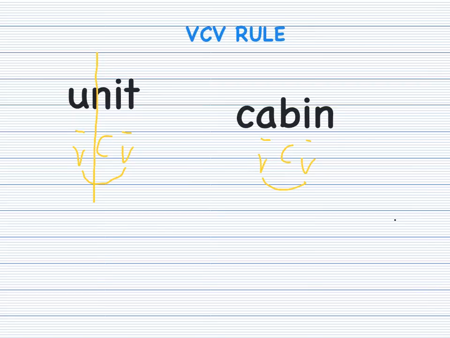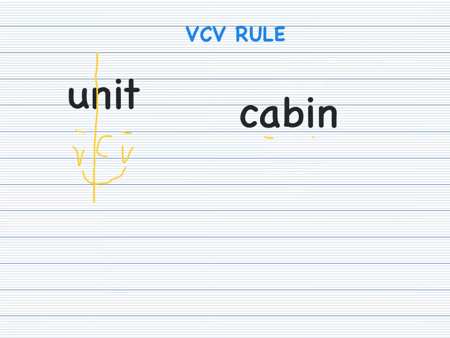If we divide after the first vowel, we get a word that does not make sense. K-A-B-I-N, cabin. There is no such word, so we'll try to divide after the consonant instead of after the vowel.